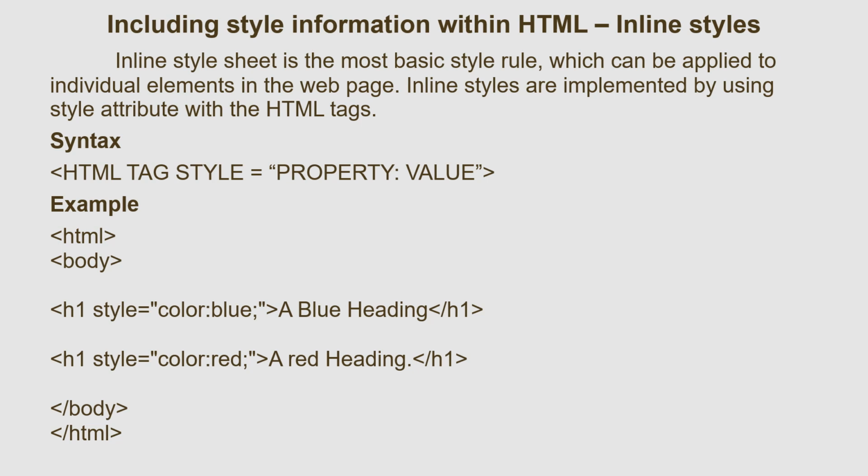Here we have an example where we have applied inline style for the h1 tag and set the color as blue. For the first h1 tag the color is blue, and for the second h1 tag the color is red. So the first heading will be in blue color, and the second heading will be in red color.